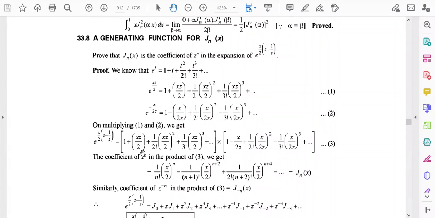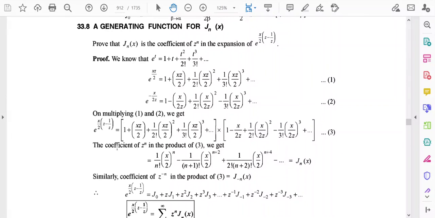After multiplication, we obtain the product of these two series, which is the expansion for e to the power x by 2 into z minus 1 by z.